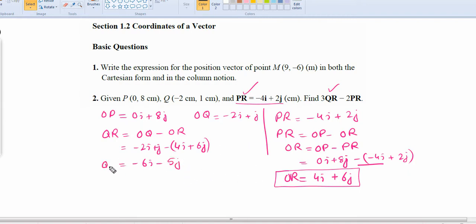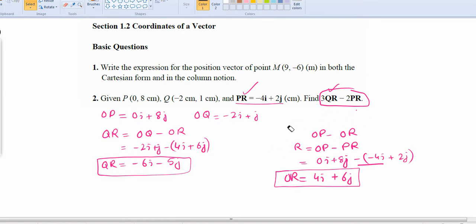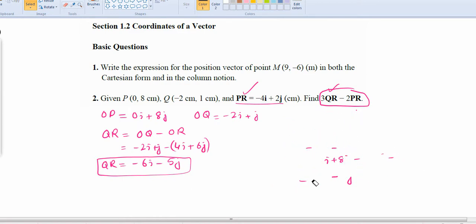So I got QR. Now I'll use this vector QR to work out my expression, 3QR minus 2PR. For that purpose, let me erase this working, and we'll work out 3QR minus 2PR.